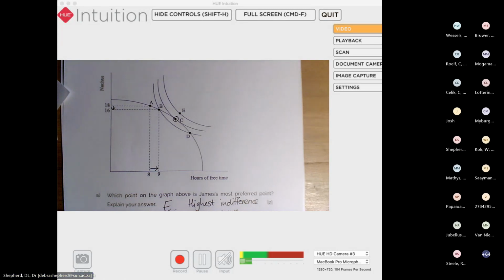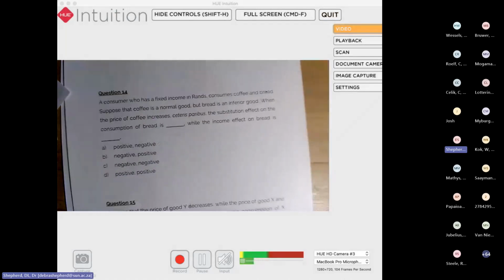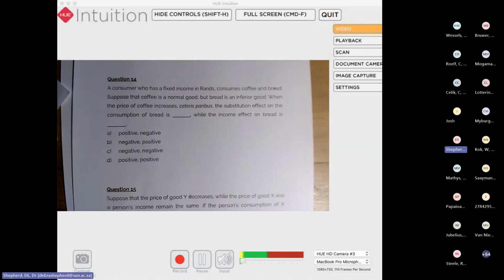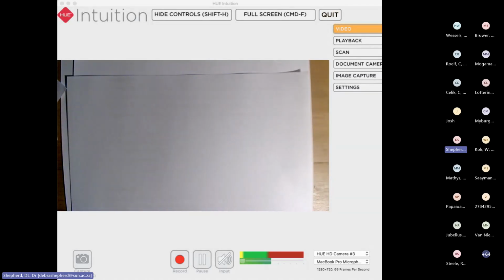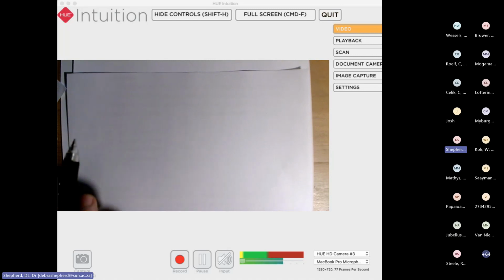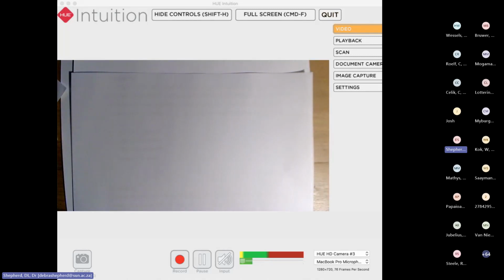Great. Okay, let's now move on to the dreaded income and substitution effect. But I'm going to hopefully make this really, really clear and understandable. The way I like to approach the income and substitution effect is I first like to reason through it before I go to any of the graphs. So the way I reason through the income and substitution effect is as follows.